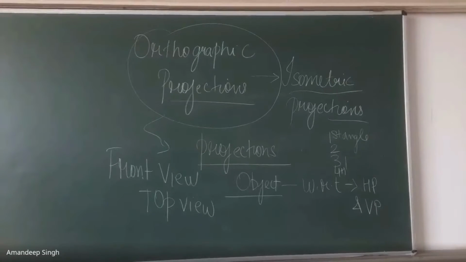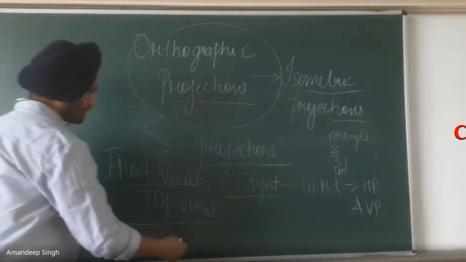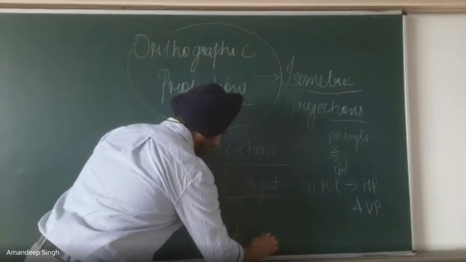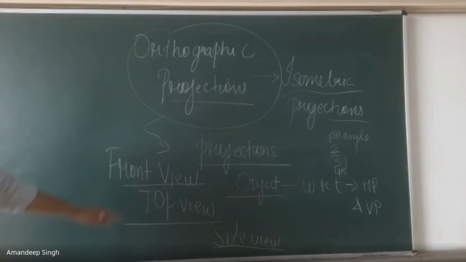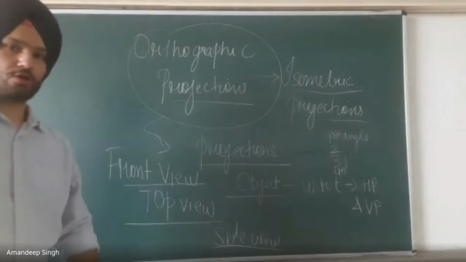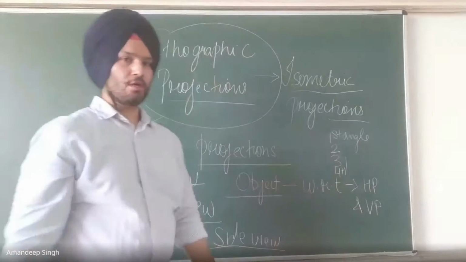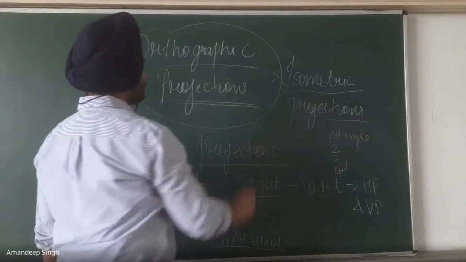Now in getting all these projections, whether it's front, whether it's top and the side view, there is also a side view. I hope you remember. So in getting all these projections, one, two, three projections of a single object in any of these four positions, we call them orthographic projections.